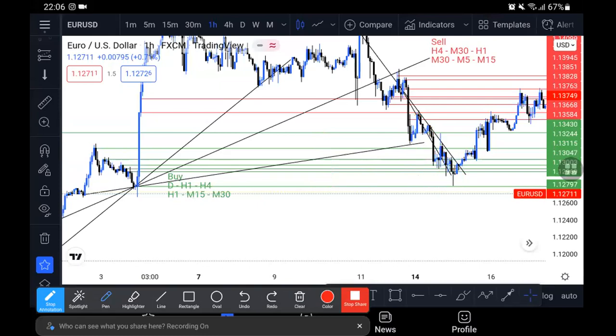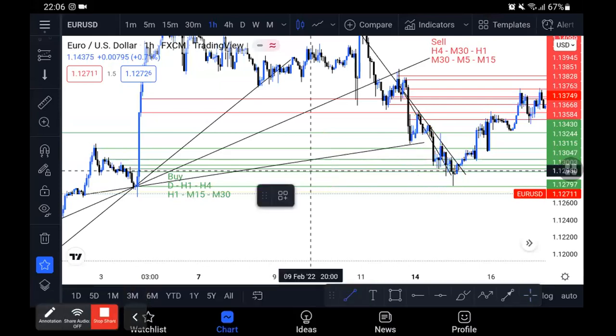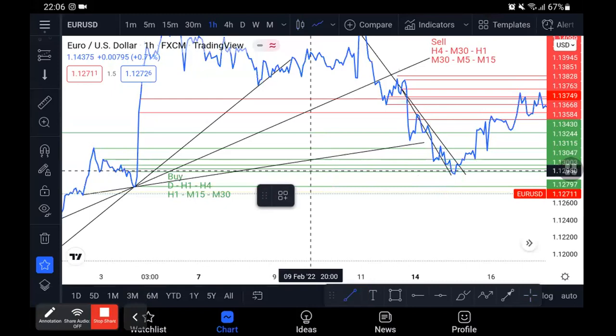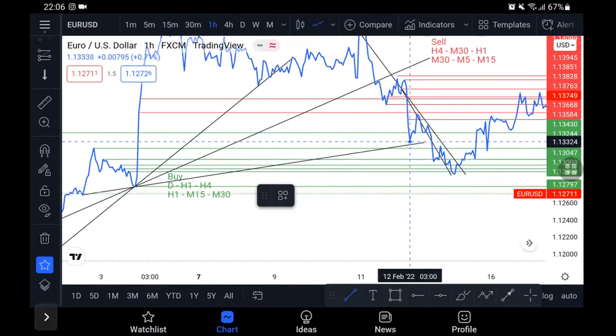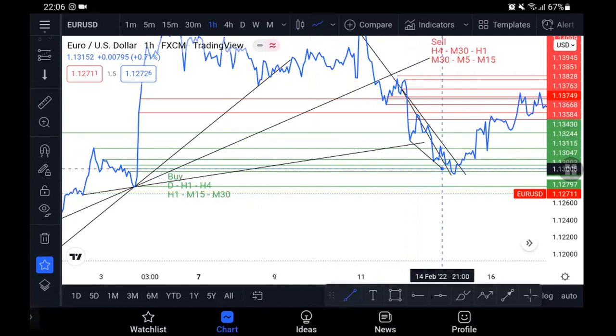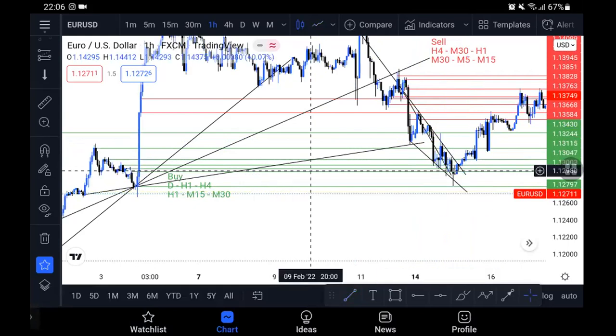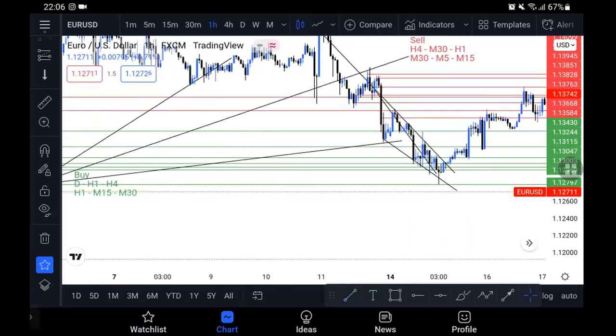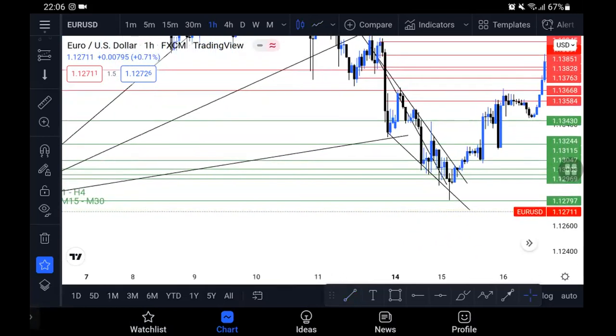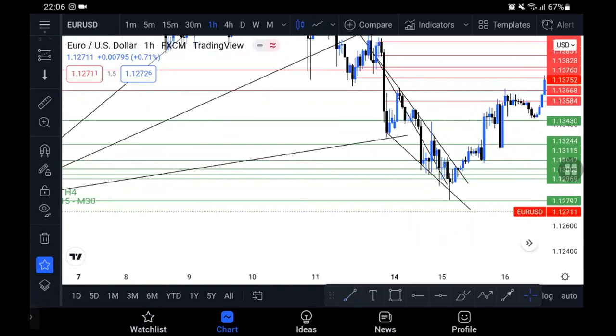So I'm just gonna put the trend line on each one. So when you have this divergence trend line, the function is you get an earlier entry, but the same concept applies.